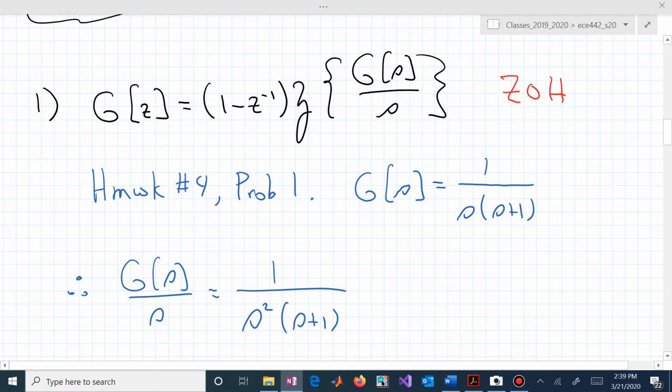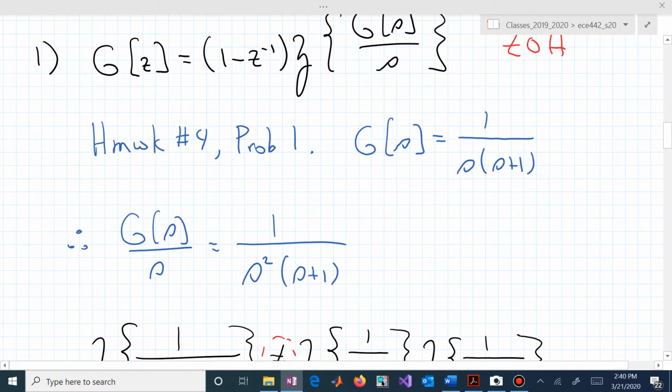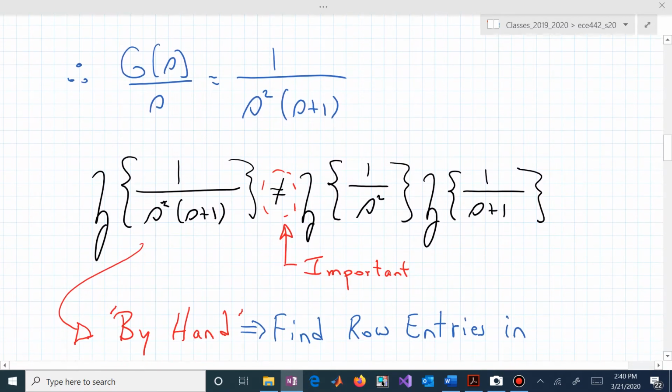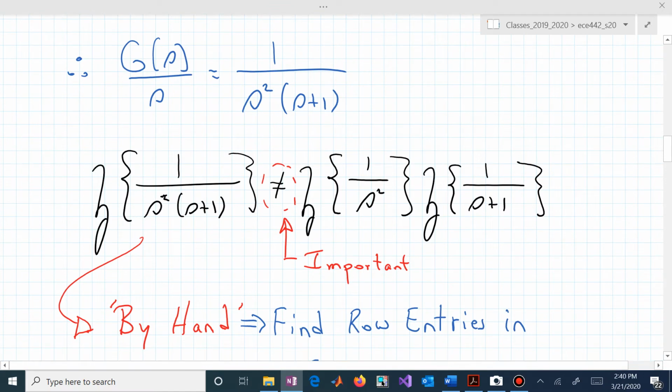In problem number 1, G of s is given as 1 over s times s plus 1. That means G of s over s is 1 over s squared times the quantity s plus 1. Where maybe I wasn't very clear during the lecture, you can't just pull out factors relative to this z transform operation.